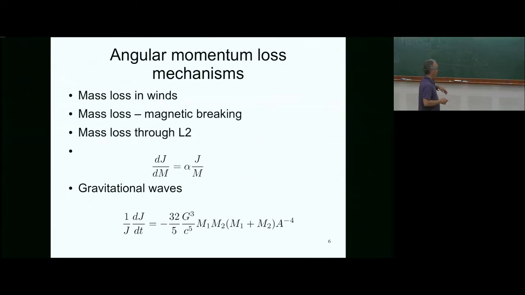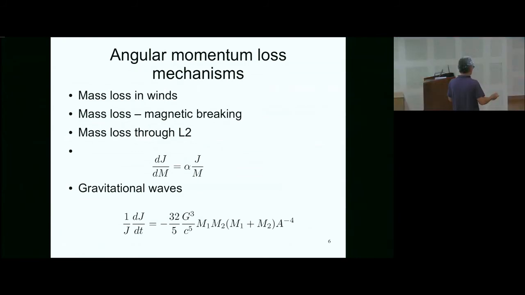So if the mass flows over the edge of the Roche potential, it is likely to have a velocity that is larger than the escape velocity from the system, and it is relatively easy to lose some mass. Now, for losing the angular momentum, there is a number of mechanisms that operate and that may be important.